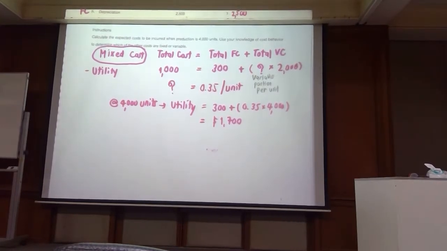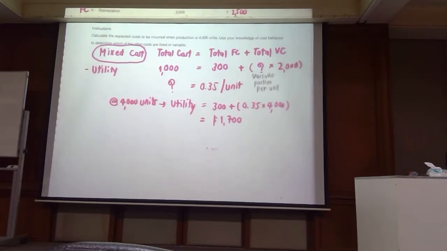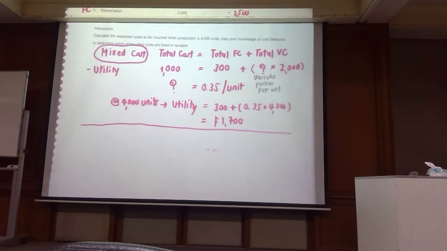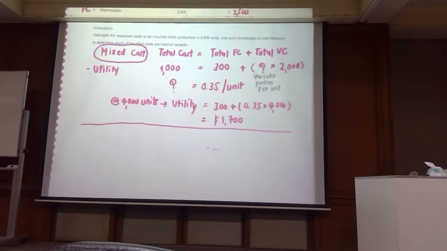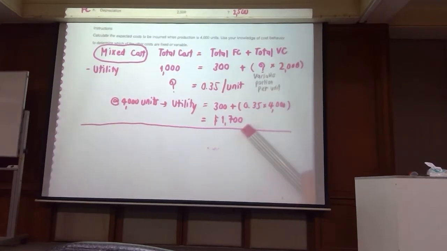So you get 1,700 as your answer, okay? So this is the utilities. So that's how we come up with the answer, okay? We separate the fixed portion and the variable portion, and then we try to find the variable portion per unit, and then we can compute at any level of activities, okay?